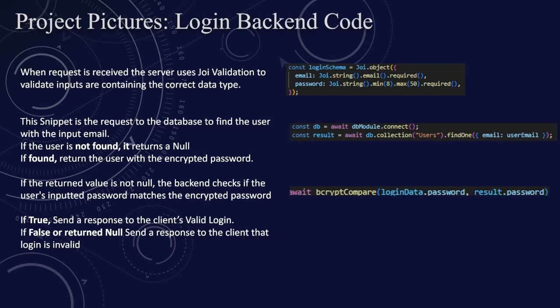And if no user is found, it returns null. If it does return null, it sends back to the front end invalid credentials. If it does find the email but the password is not matching, it says invalid credentials also, and if the password does match, it'll say login successful.